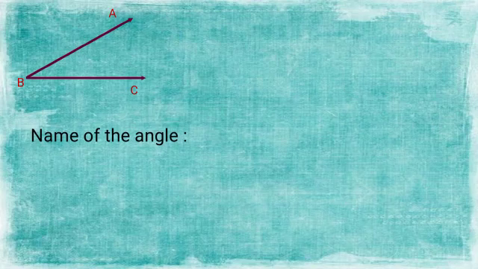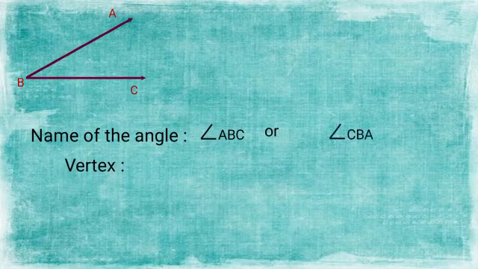Now, suppose the angle is given and you have to write the name of the angle, the vertex and the rays. So, name of the angle. As I explained to you, you can write this in two forms. You can write angle ABC, or if you want, you can write angle CBA. Now, what is the vertex?